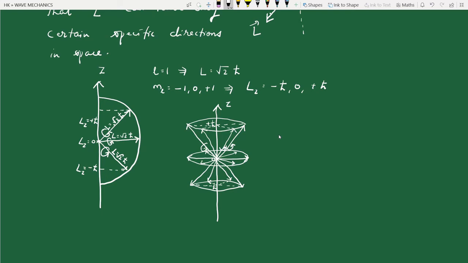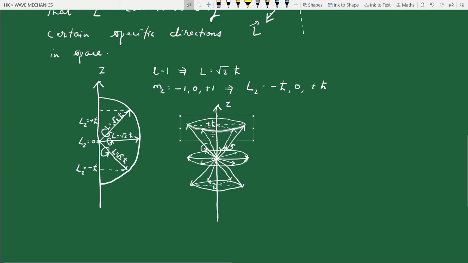Okay, so the directions of these orbits can change in such a way that the orbital angular momentum vector will always lie on this cone, so that the projection is always plus h cross, right?